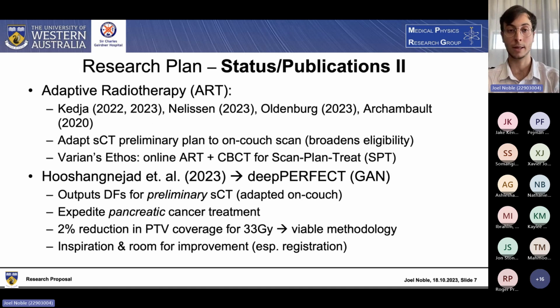Another approach to SFRT is adaptive radiotherapy. So I've again listed some studies there prominent in this area. This is about adapting a preliminary synthetic CT plan to an on-couch scan, which has been seen to broaden the eligibility of scans which can be used. Now, the most reliable means of doing this was with Varian's Ethos software, which is online ART using cone beam CTs for essentially a scan, plan, treat integrated step.